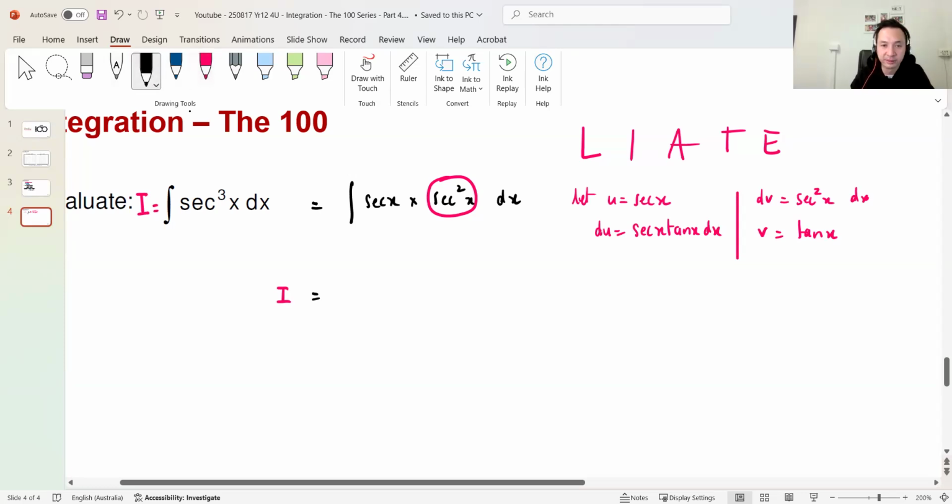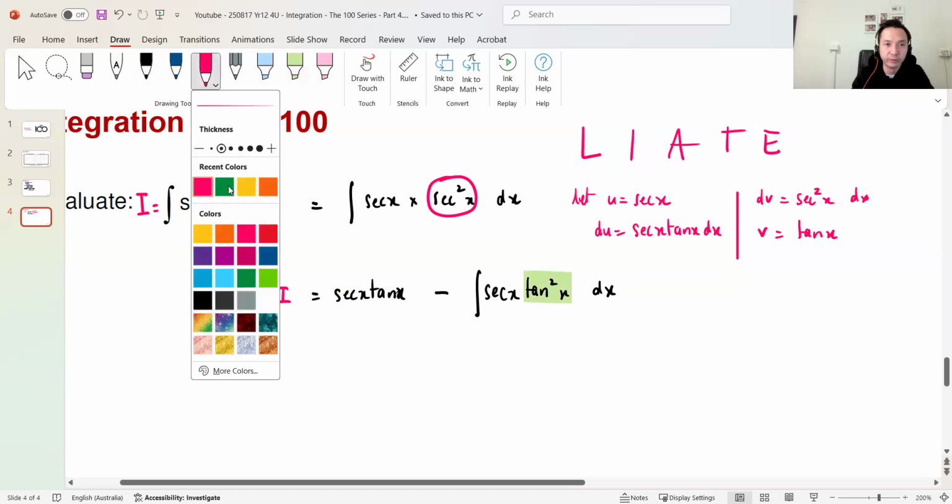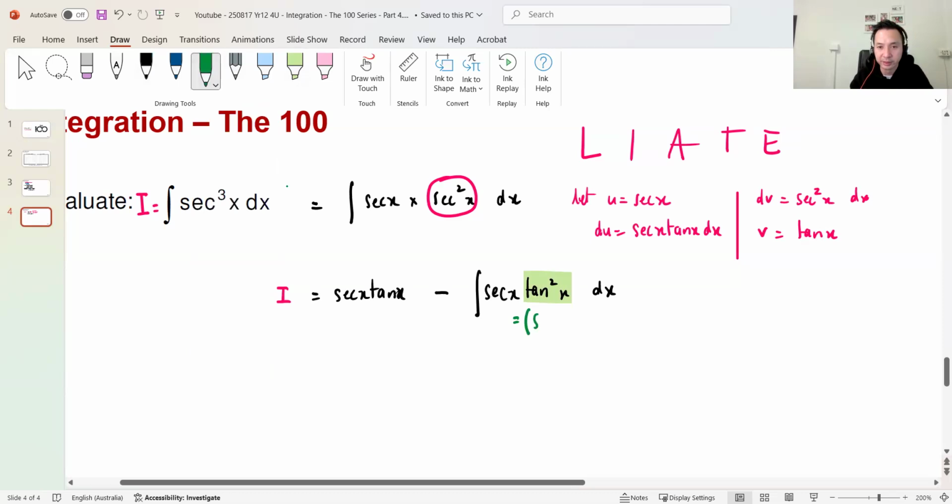Let's see, u times v, so that's sec tan, minus the integral of sec x tan squared x dx, right? Now you use identities, guys, over here. Yep, we know that tan squared equals sec squared minus 1.